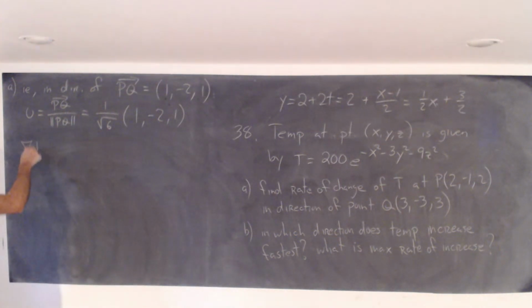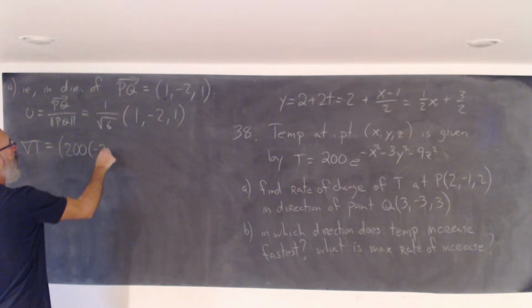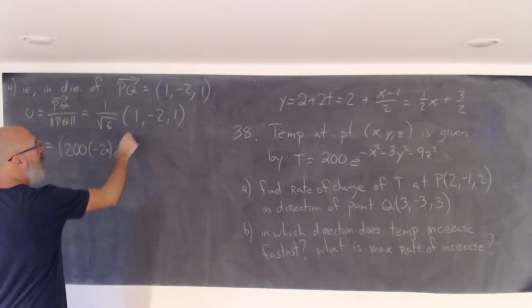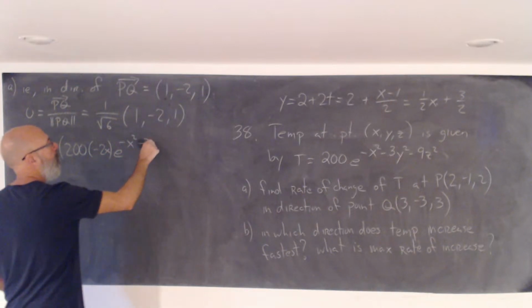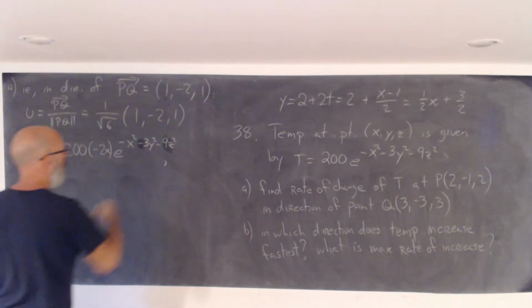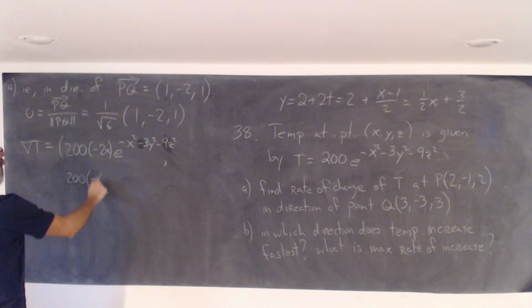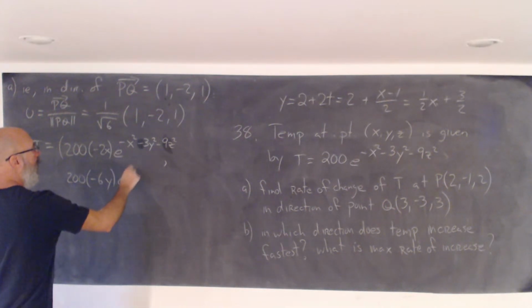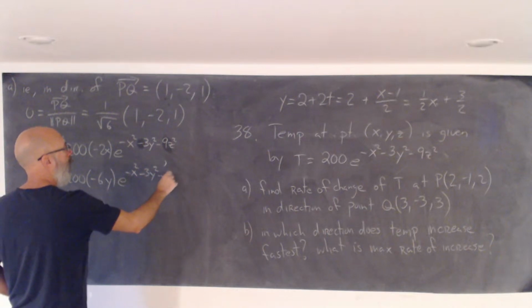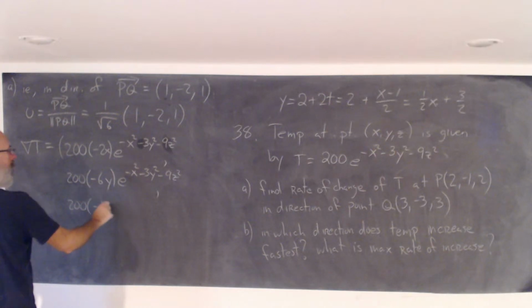Gradient of T, 200 minus 2x e to the minus x squared, times minus 6y, and 200 minus 18z.